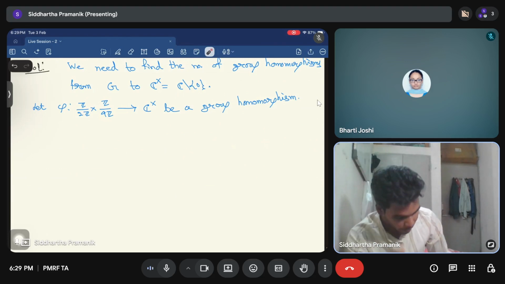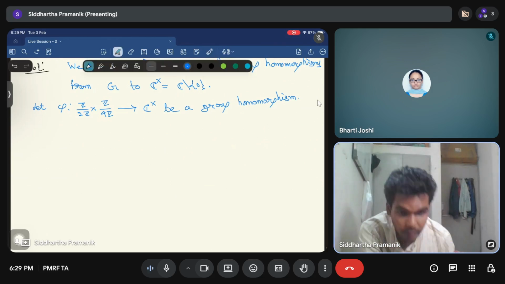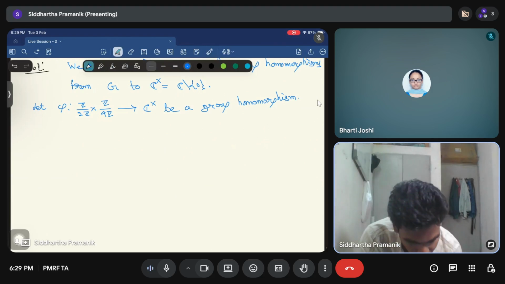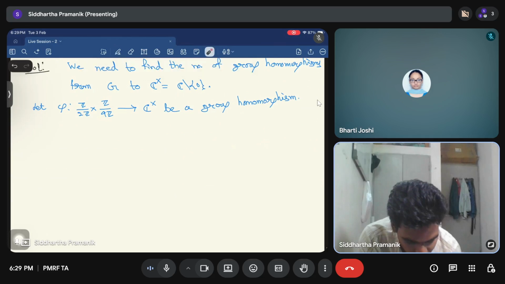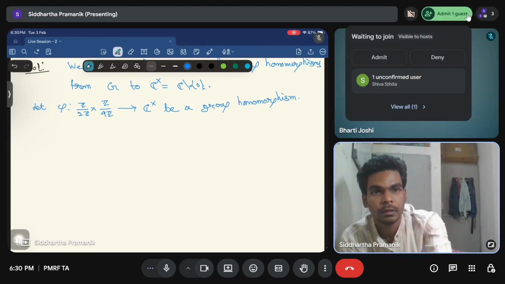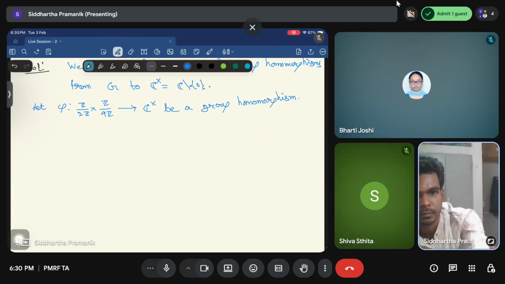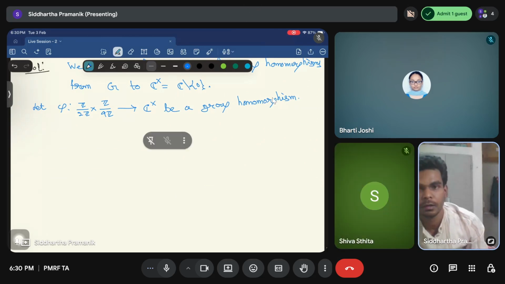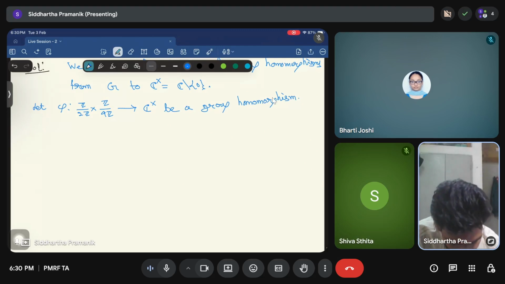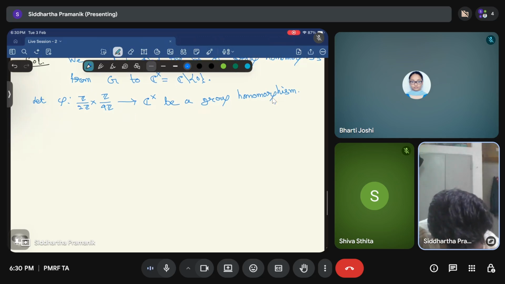So now how to find this group homomorphism? So first thing we need to observe is what are the choices for the kernel of phi. Okay, so we need to look at the kernels. Why do we need to look at the kernels?